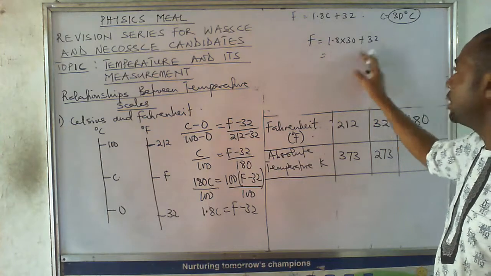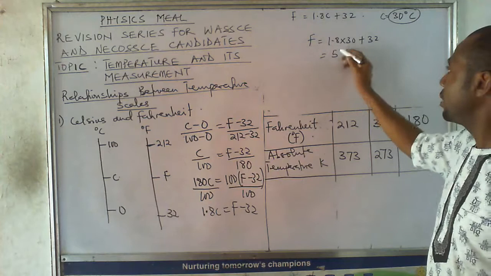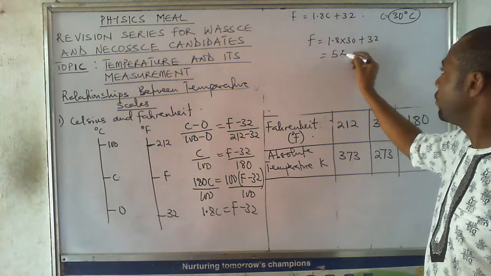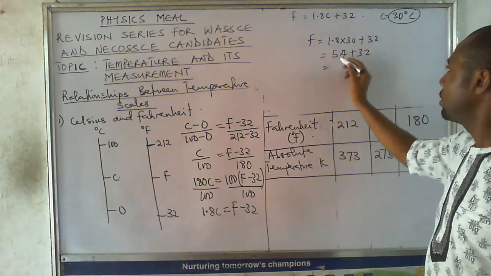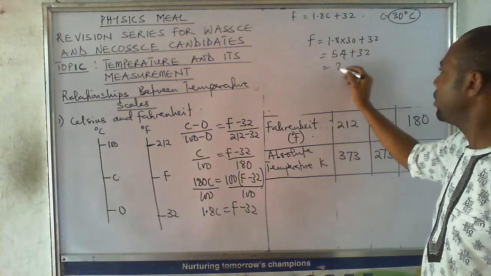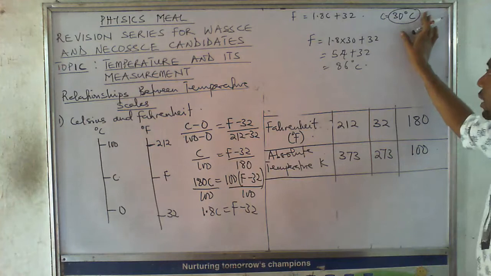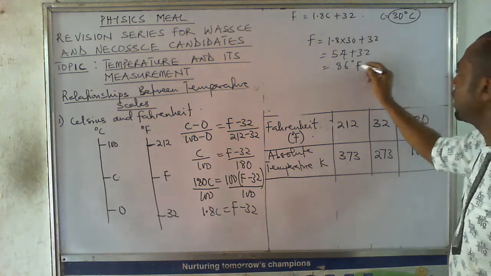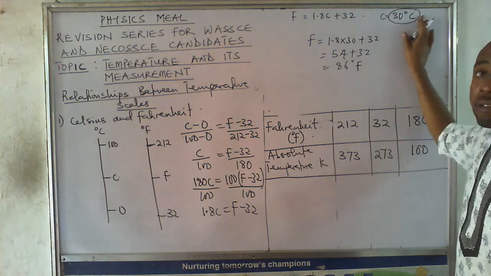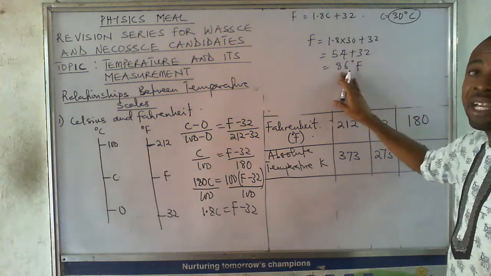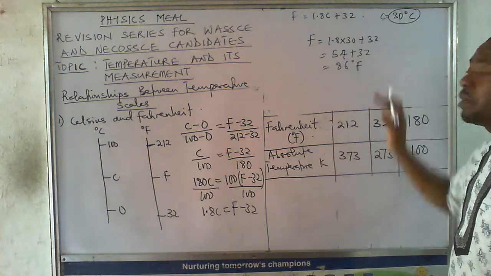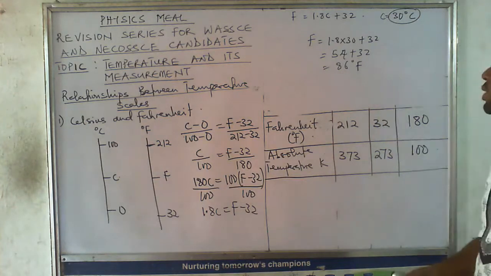Physics has just ended. 1.8 times 30, we are going to have 54 plus 32. 54 plus 32 will give us 86 degrees. So 30 degrees in centigrade or Celsius is equivalent to 86 degrees Fahrenheit.